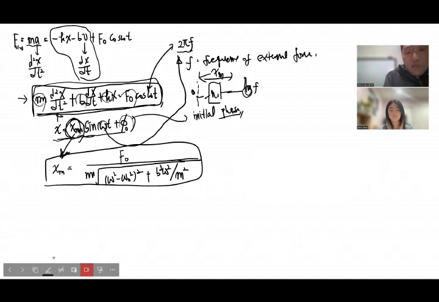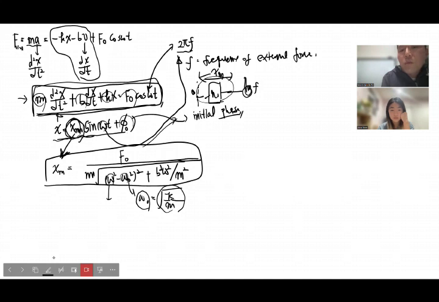Now, this omega naught is the square root of k over m. And one more time, omega is the frequency of the external force, or the frequency of the motor externally driving the system. As you can see, omega naught is a constant value.